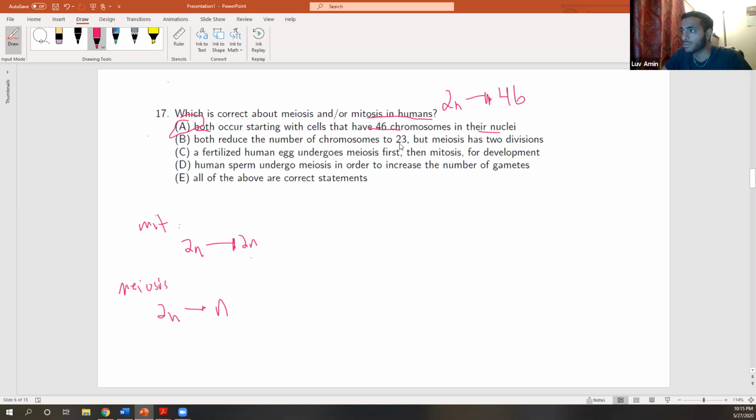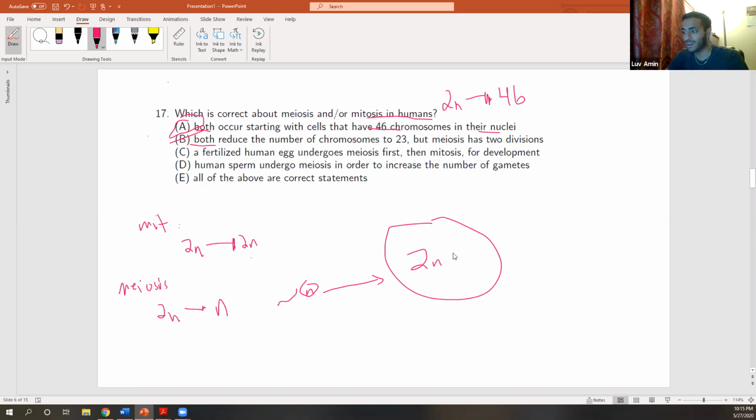Both reduce the number of chromosomes to 23. Remember the keyword both? No, only meiosis does that. A human fertilized egg undergoes meiosis first, then mitosis for development. That can't be true, right? Because you have a sperm, which is N, and you have the egg, which is N, and they conjoin to make a zygote that's 2N.